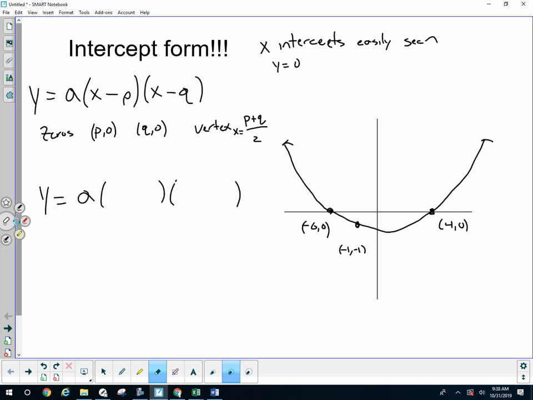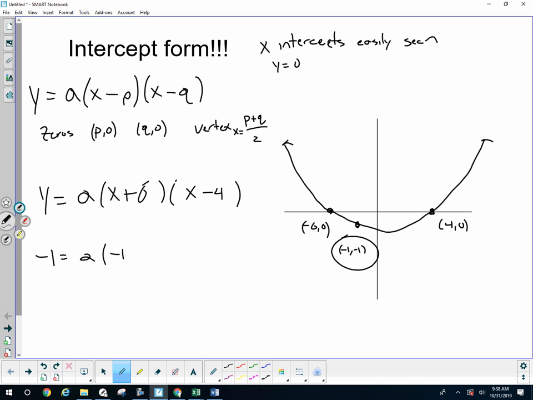We will start with understanding that if I have x plus 6, -6 plugged in here would give me a 0. X minus 4, 4 plugged in here would give me a 0. So I'm almost done. I know the point -1, -1. Okay, I plugged in -1.